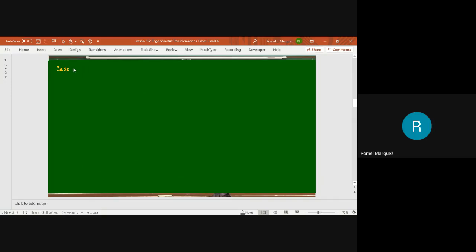So we have case 6. Okay, 6 now, guys. Guys, you are now on case 6. What is under case 6, guys? If the integral has the form, we have actually under case 6, 3 subcases or 3 formulas.